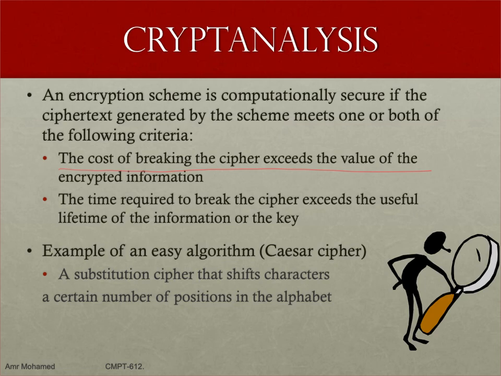So an example of a trivial or easy one is the Caesar cipher. Maybe many of you have been introduced to it. Caesar cipher was one of the first algorithms that was ever invented. It is based on a specific number for the key. For example, the key is 6, and 6 means that the message itself is encoded using the normal alphabet.